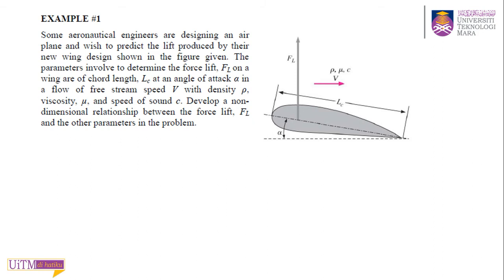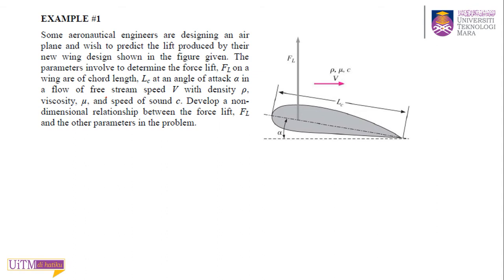This is an example of a question from a past year. Some aeronautical engineers are designing an airplane, and wish to predict the lift produced by their new wing design shown in the figure given. They want to predict the force lift, this FL.